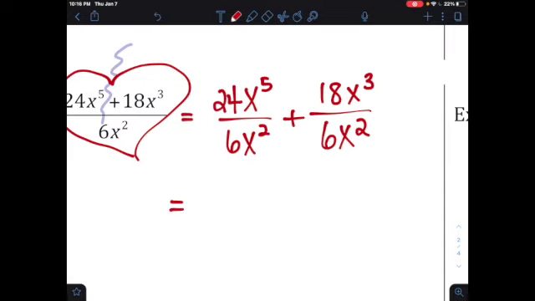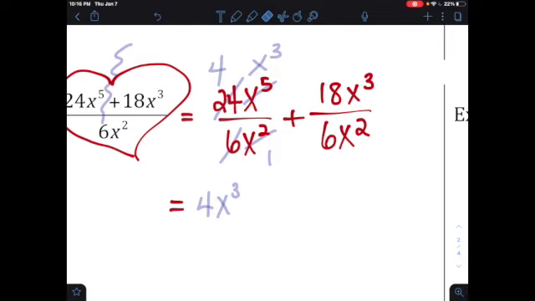So in this case, 24 cancels with 6. That gives you 4. And then x to the 5th over x to the 2nd, you have x to the 3rd on top, because 5 is bigger than 2. So that's 4x to the 3rd. Now, this is really over 1, but we don't have to write it over 1. That can be just eliminated.